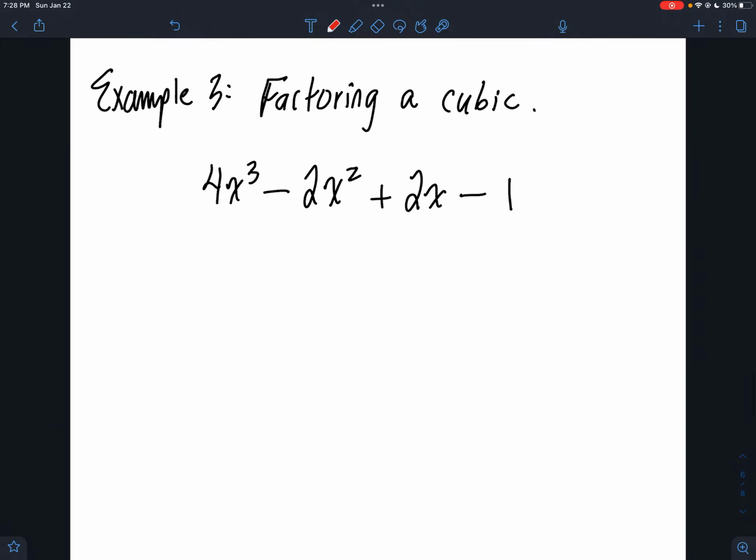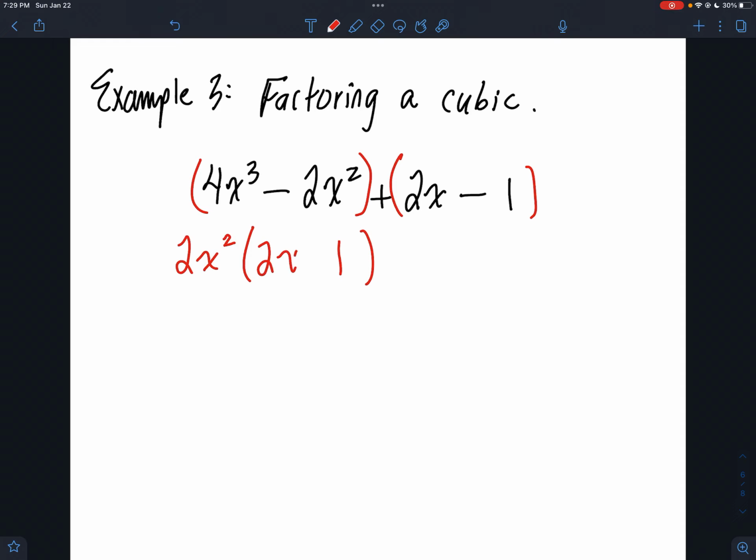All right, another example, and this happens to work for cubics too. So out of the first grouping here, we've got a 2x squared because they both have an x squared and they both have a 2. So you can take out all of that. That wipes this out completely, and we just have a 1.